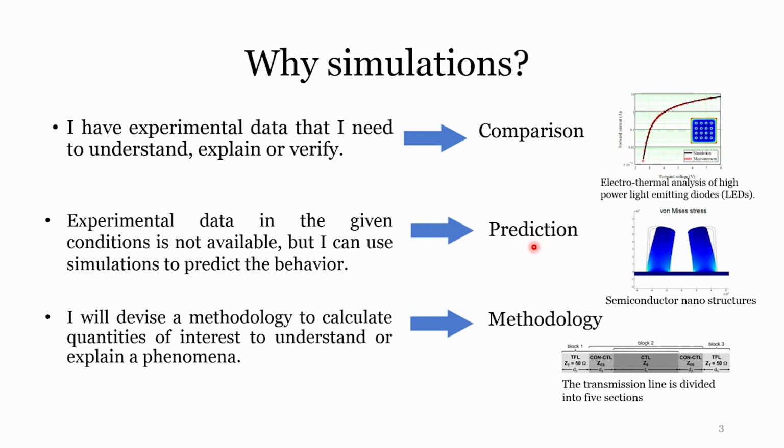To predict means you have your operating scope. For example, you have a thermal actuator, and by giving a voltage of 1 volt to 5 volts, you are getting an actuation of 10 micrometers to 100 micrometers. But you don't know how much the actuation would be if you give 100 millivolts, or around 10 volts.